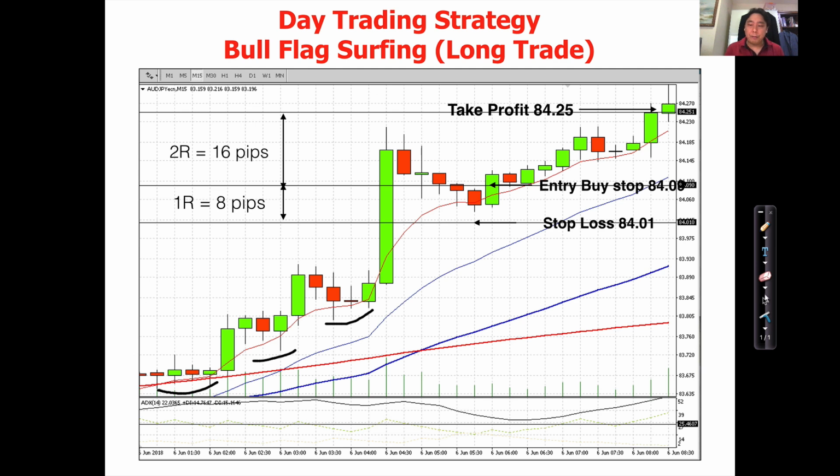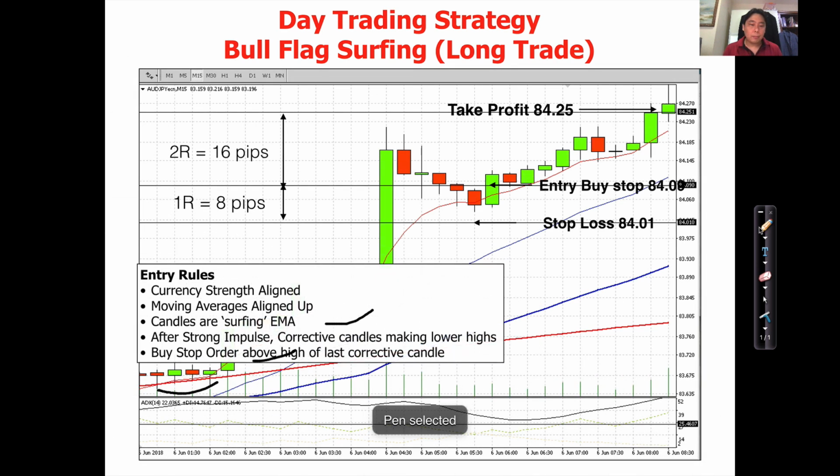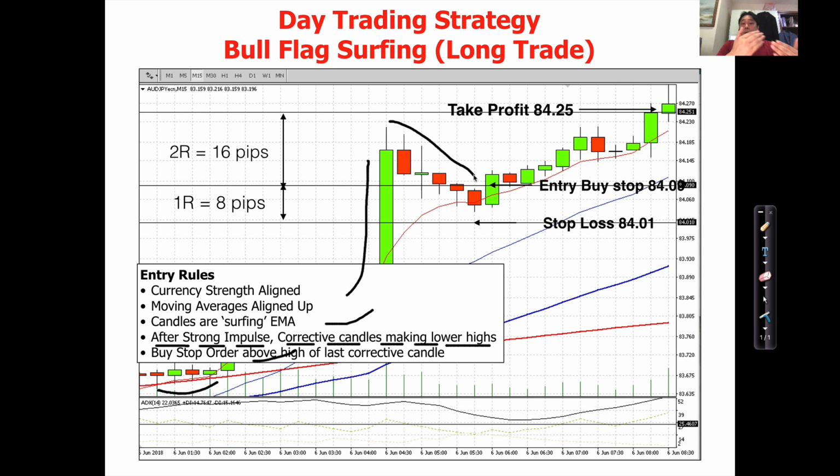And what we're looking for is after a strong impulsive wave, corrective candles are making lower highs, right? So in other words, after a strong breathing out, you will see breathing in with lower highs, lower highs, lower highs. It must keep making corrective candles, making lower highs.